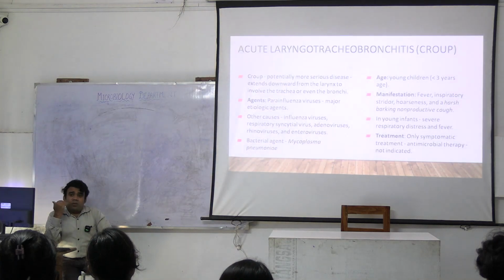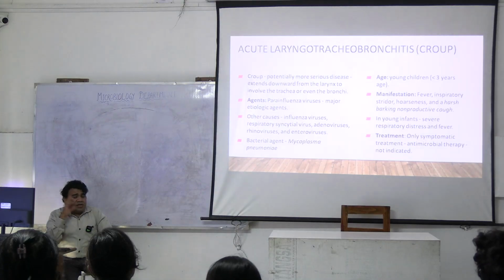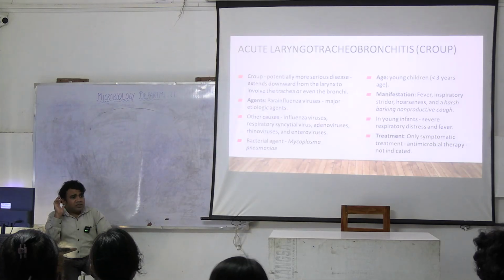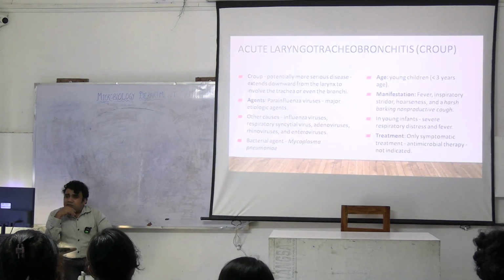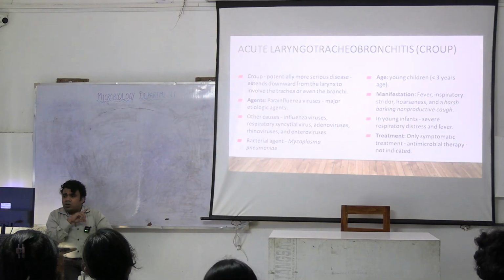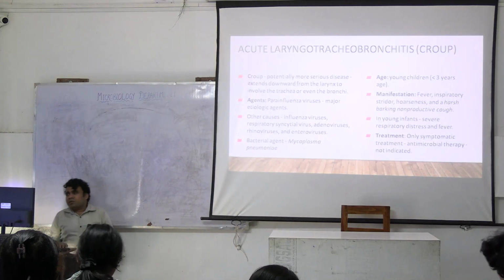And if it extends from the larynx downwards to the trachea, up to the bifurcation of the trachea, it may lead to severe respiratory suppression. Commonly, it is caused by parainfluenza viruses. Other viruses, including respiratory syncytial virus, influenza virus, enterovirus, can also cause this disease called croup. Sometimes even some bacteria like mycoplasma can also cause it.